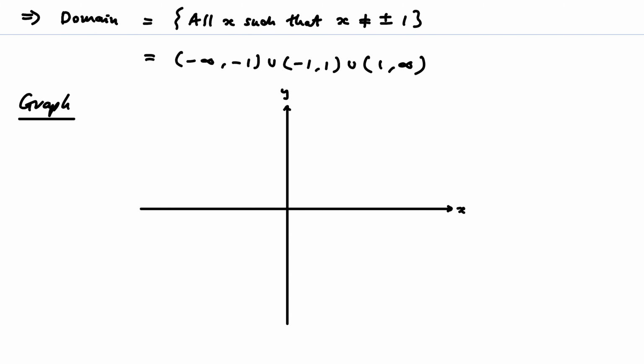So we basically know there are some problems at minus 1 and 1. So let's mark minus 1 and 1. And let's actually do something interesting. Let's draw 2 vertical lines at 1 and at minus 1. Okay, so this is minus 1 and 1.